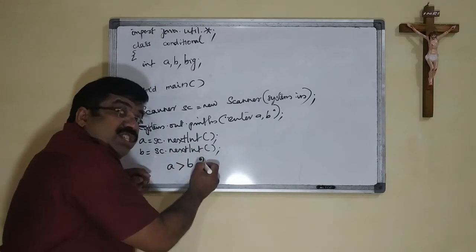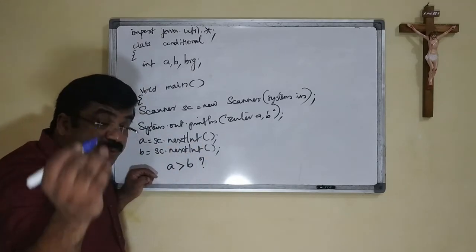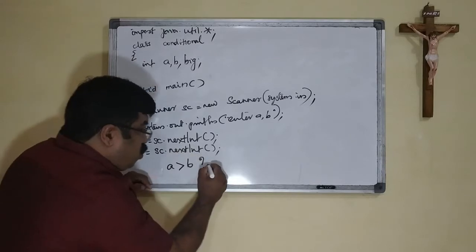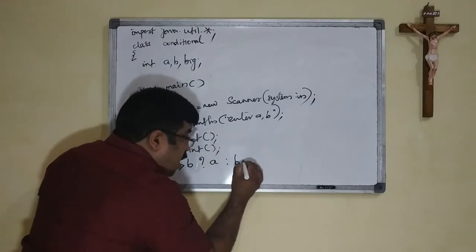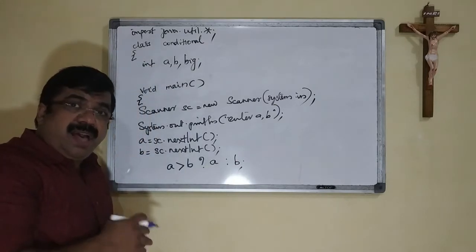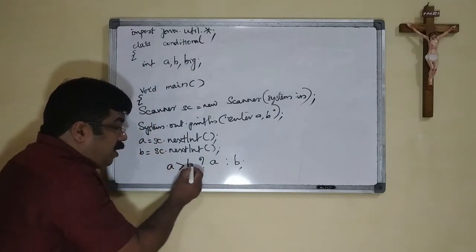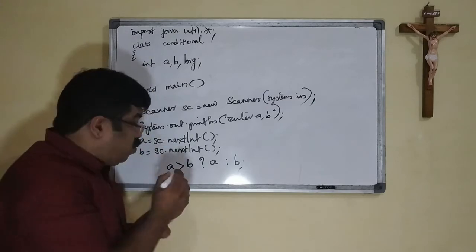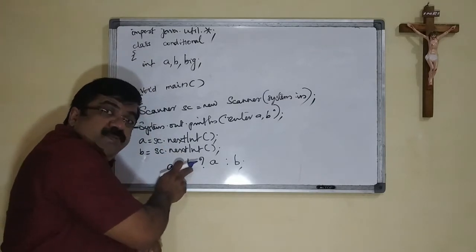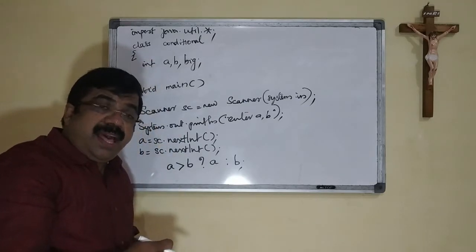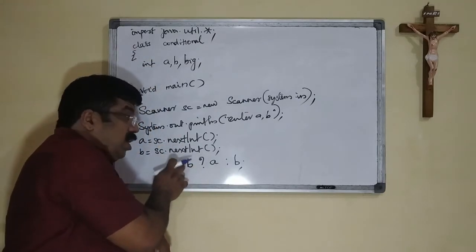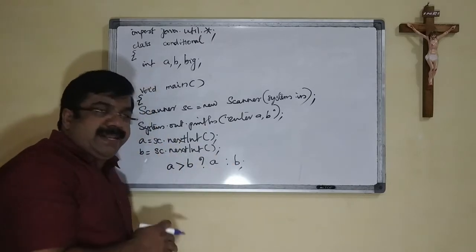If this condition is evaluated to be true, we want a as the answer, so we will return a, otherwise we will return b. As I said, when this condition is true, that is, our expression 1 is true, expression 2 will be the answer, and if this condition is false, expression 3 will be the answer.